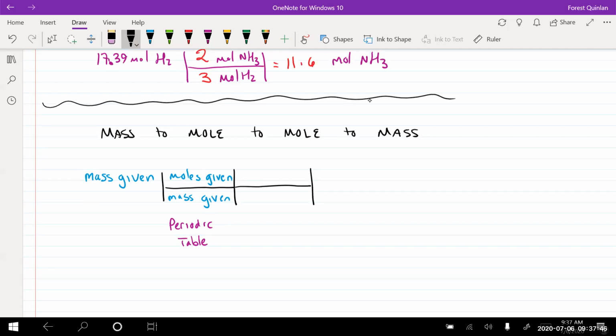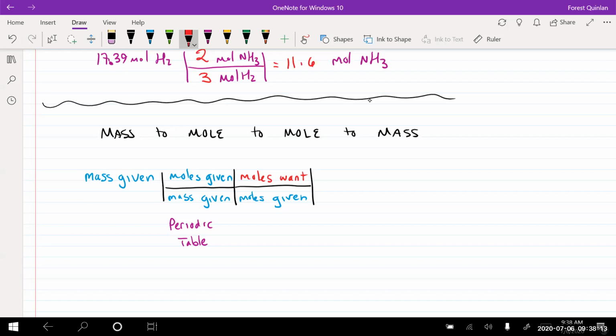Next, I want to go from the moles of the thing that we were given to the moles of the thing we want. Notice that I'm putting those units in such a way that they will end up canceling. Masses of the given canceling top to bottom right now.